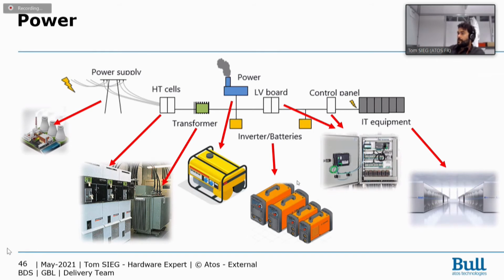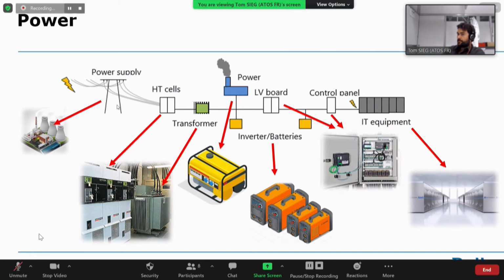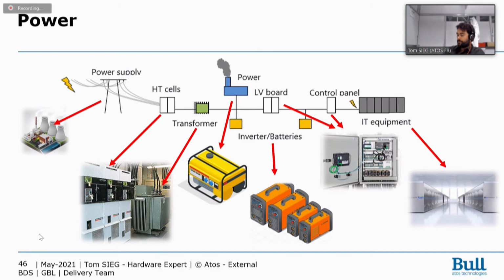The battery is the first one to put in place, inverter and batteries. Because if you have only short power loss, the battery will be able to take the role during a short time.